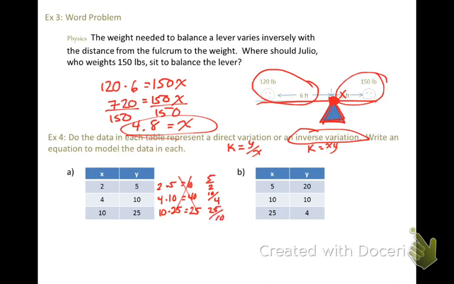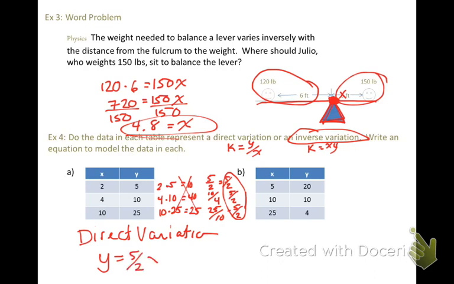I would just reduce the fractions as much as possible. 5 halves is 5 halves. This one's 5 halves. And this one's 5 halves. So that is a direct variation. You would write the equation y equals 5 halves x.